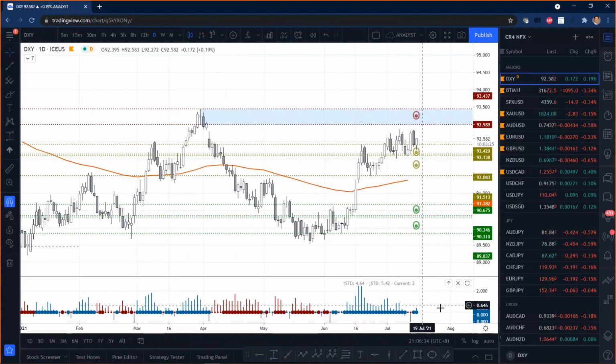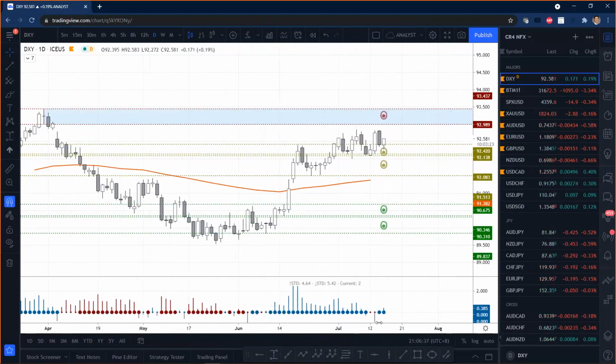So if you see here, comparing the solid red dots to those dots which are smaller, what that means is that there is no confirmation of that trend or the sellers' market.